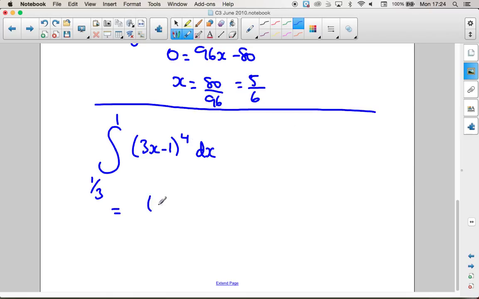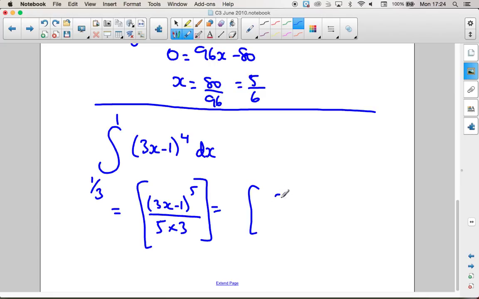To integrate this, we add 1 to the power, divide by the new power, but divide by that coefficient as well. So that gives us (3x − 1) to the power of 5 over 15, and we're integrating between a third and 1.